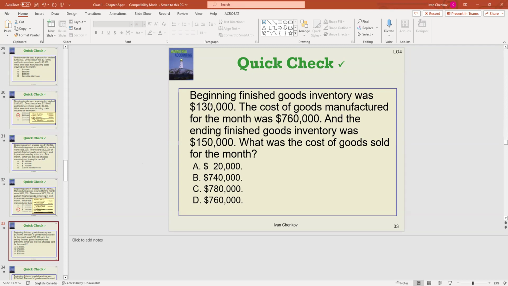Make sense? So we manufactured $760,000, but out of 760, we add 20,000 to our ending balance. So we haven't sold what we produced. Make sense? Whatever we manufactured, we could not sell it, and we keep 20,000. So how much did we sell? 20,000 less than what we manufactured.